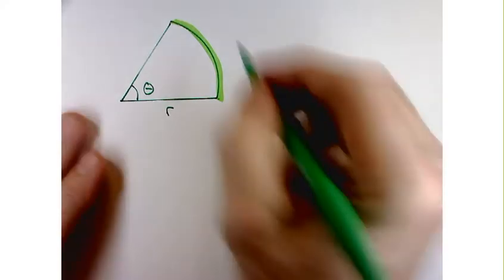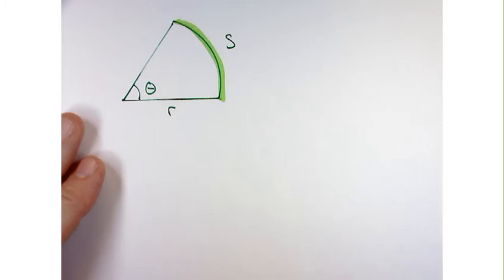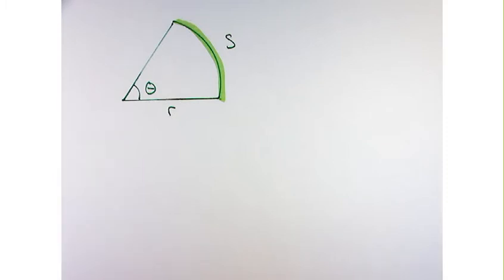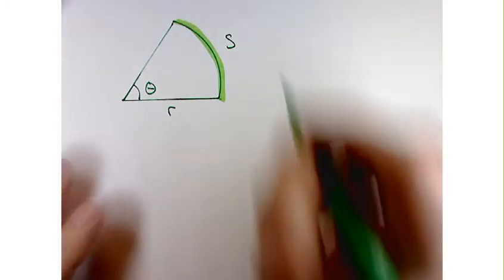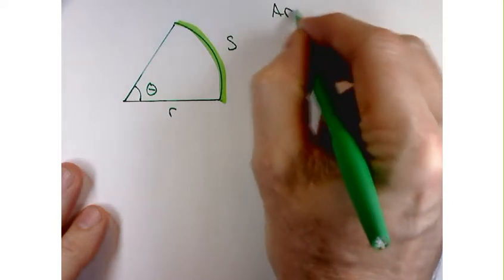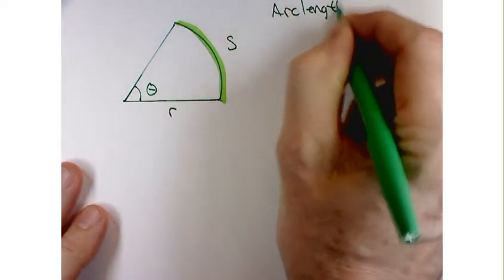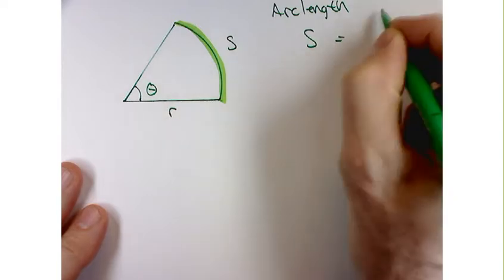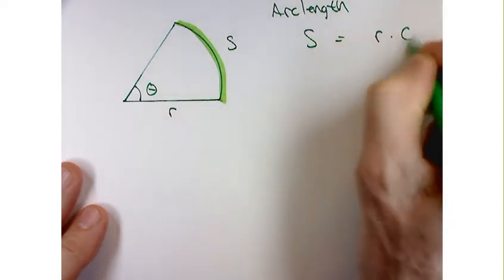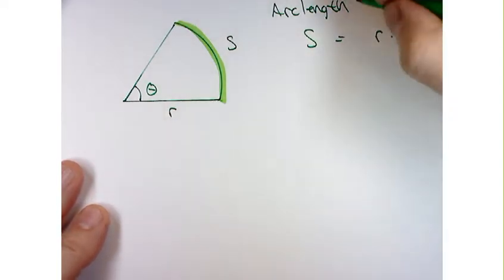That length is S. And it's got a very simple formula for that. The arc length is S equals R times theta.